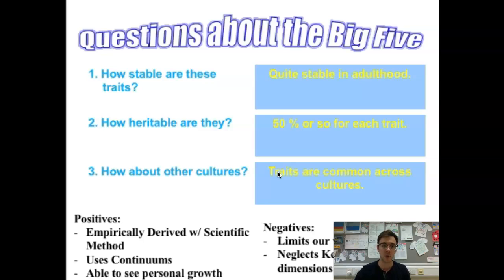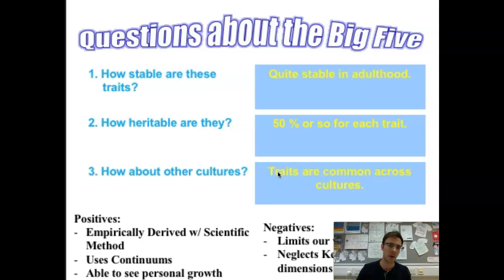When we're talking about predispositions, we see about 50% or so is based on heredity. And when we look at other cultures, we see that they're pretty common from country to country across the globe. Same with emotions and facial expressions of these emotions, same thing goes with personality traits. Very consistent amongst humans.